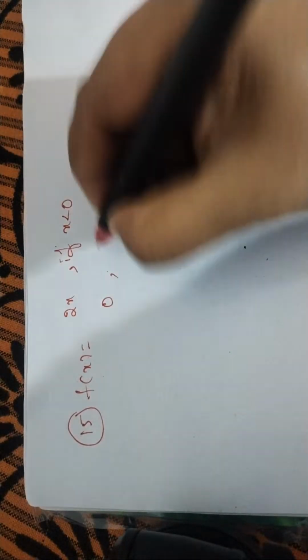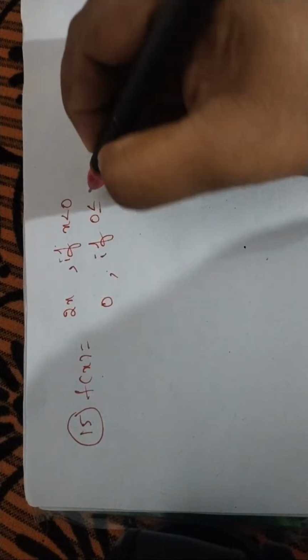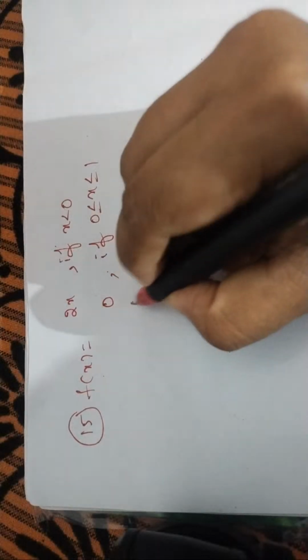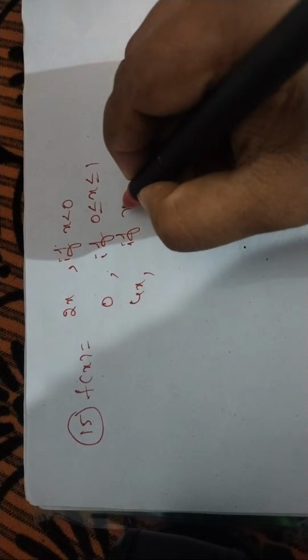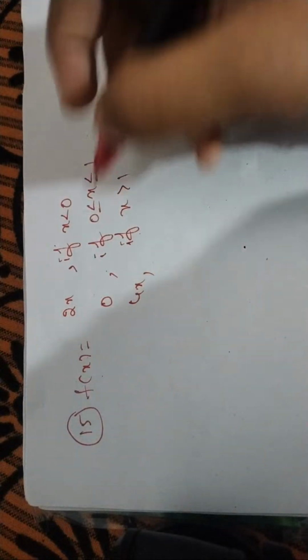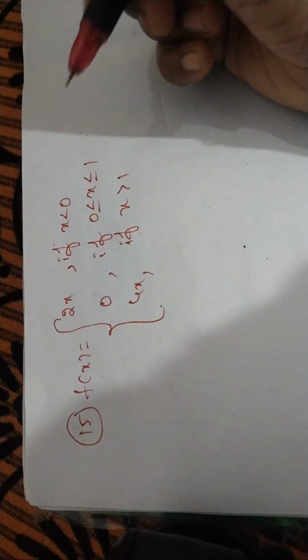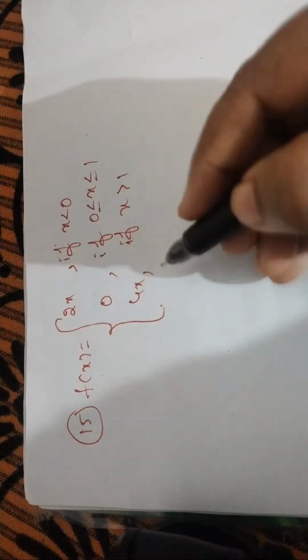Next 0 if 0 less than or equal to x less than or equal to 1. Next 4x if x greater than 1. This is the function. Now we will check continuity for different values of x.